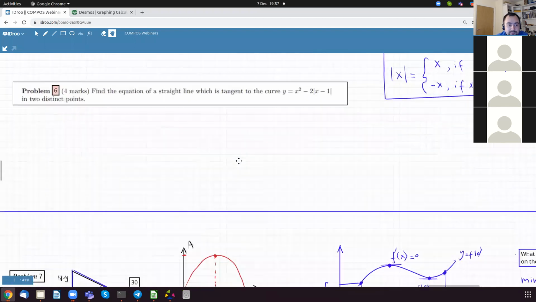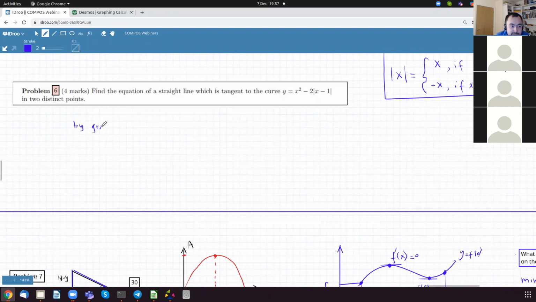Okay, so find the equation of a straight line which is tangent to the curve in 2 distinct points, and the answer is by graphing. If you want to do something by graphing, you do need to put in an explanation for that.